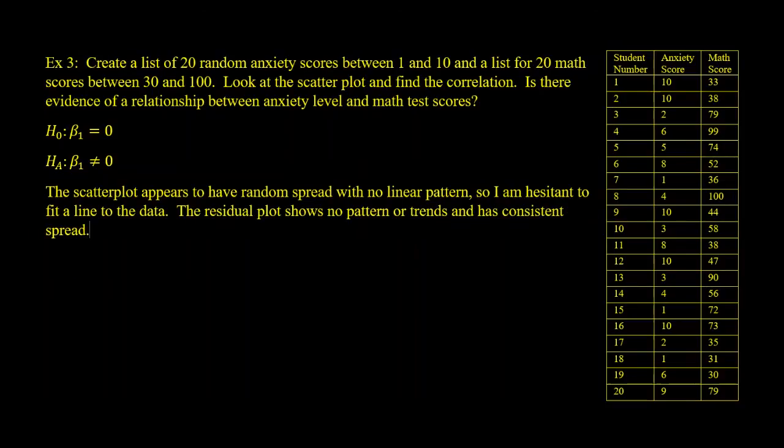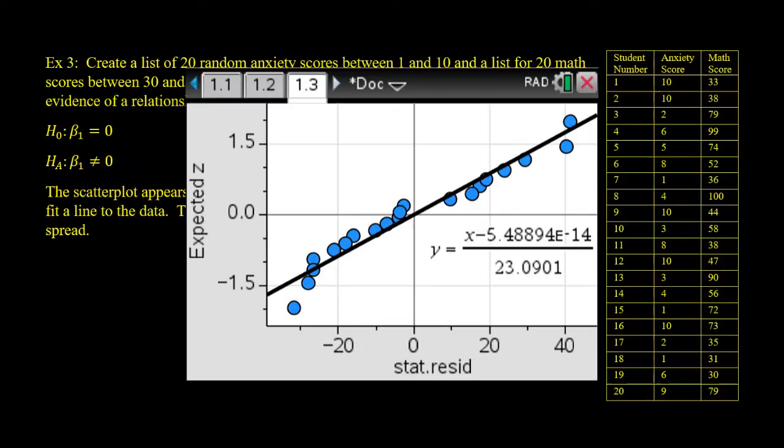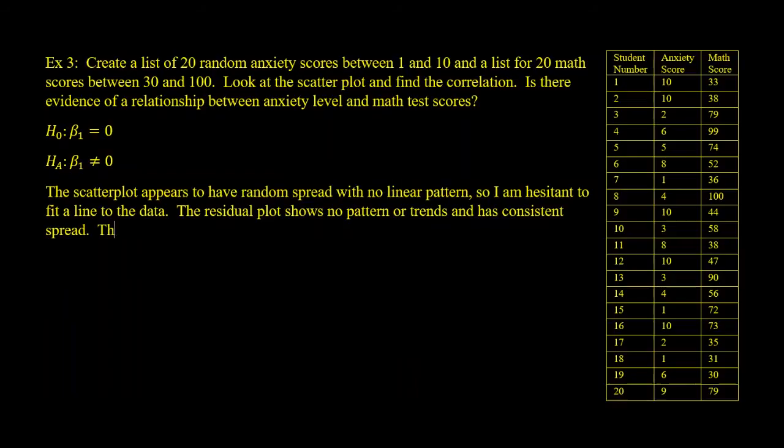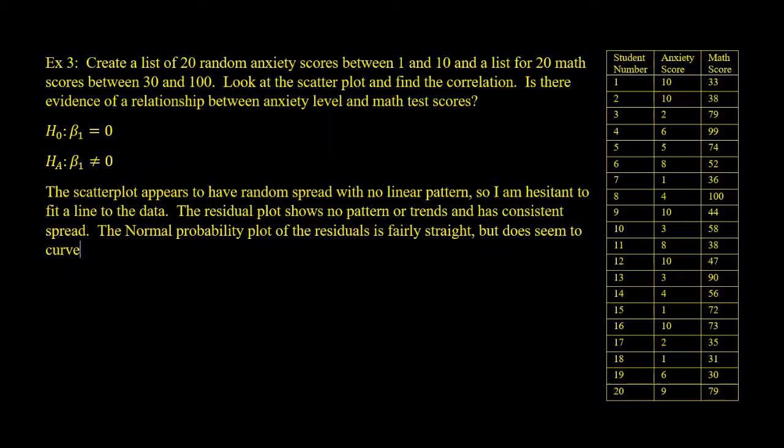Finally, let's look at a normal probability plot of the residuals. Looks pretty linear, maybe a little bit of weird stuff going on at the end, a little bit of curving, but nothing significant. We'll mention it, but we'll proceed. The normal probability plot of the residuals is fairly straight, but does seem to curve a bit on the low end, on that left part.